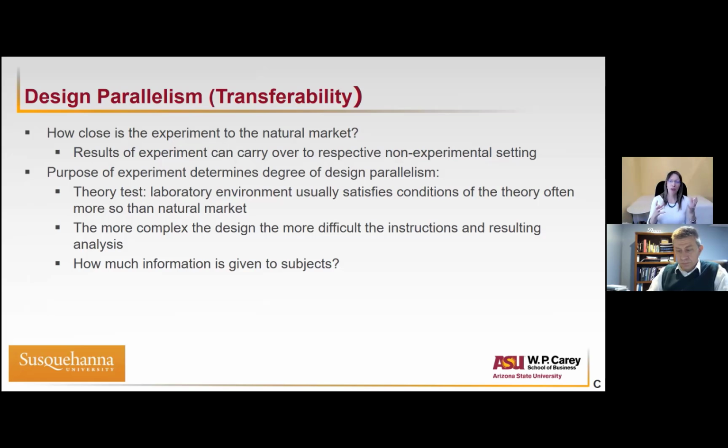How close you want to be actually depends on what you're doing. If you're testing a theory, you will likely not be very close to reality, because your goal is that your whole lab environment satisfies all the conditions of the theory that you are testing. And that will likely not be very close to a natural market.